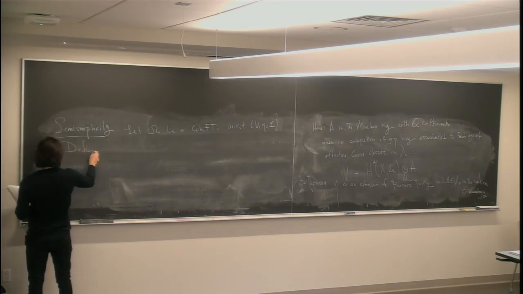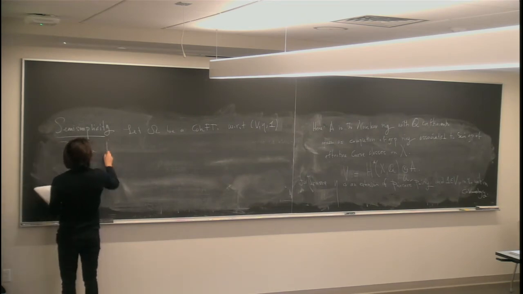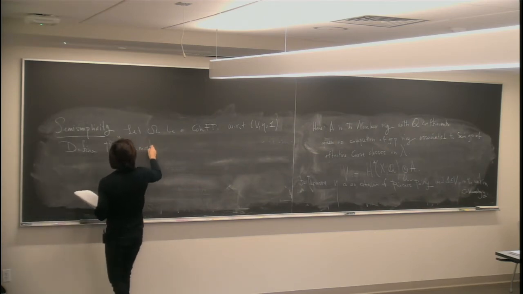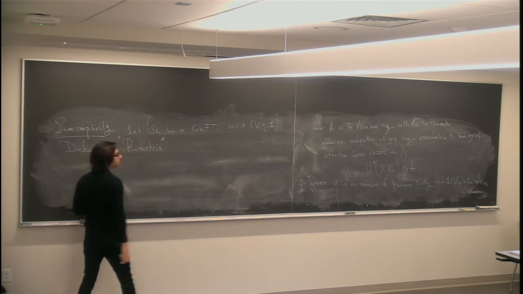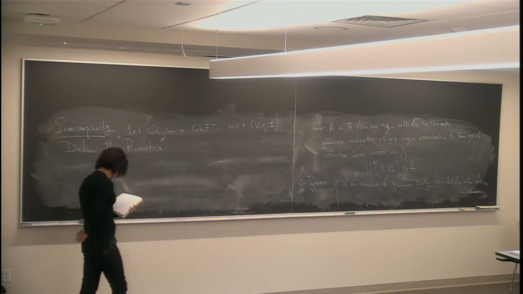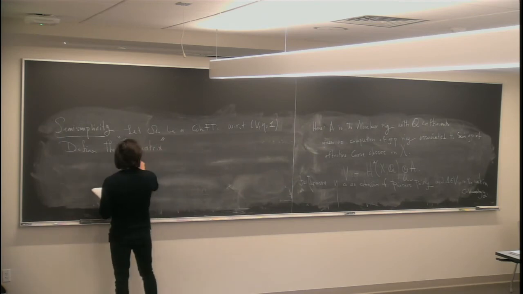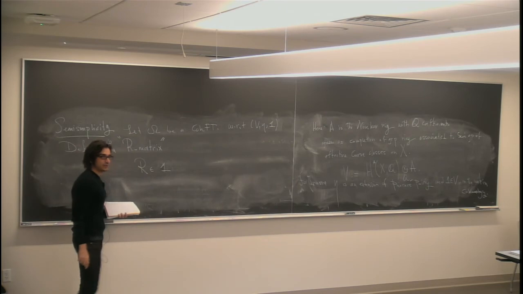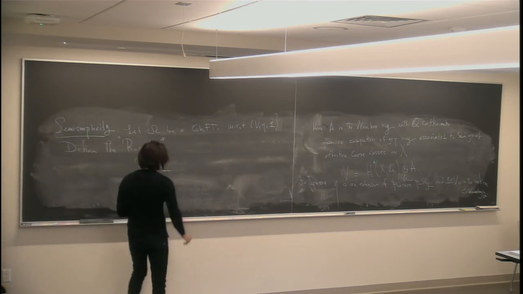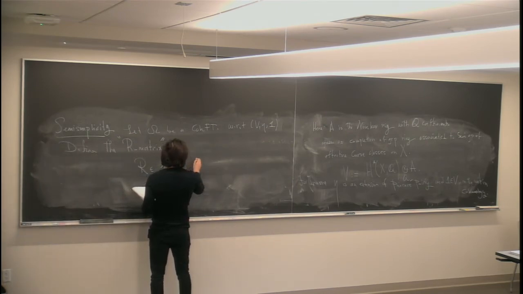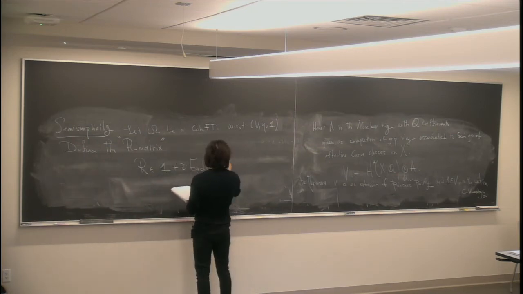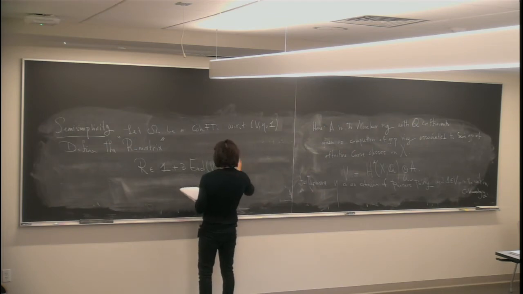define the R matrix R, an element of the identity element 1 plus z times endomorphisms of V, power series with coefficients in endomorphisms of V in the variable z.